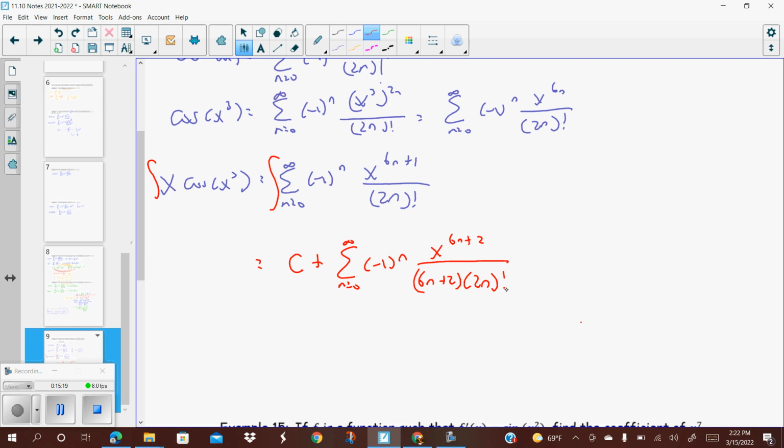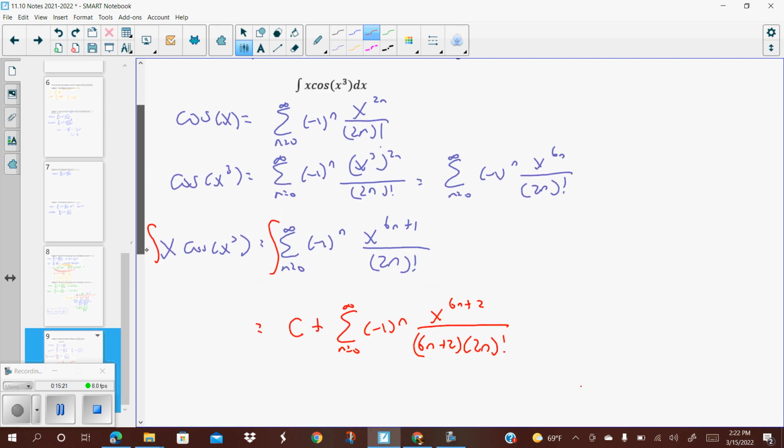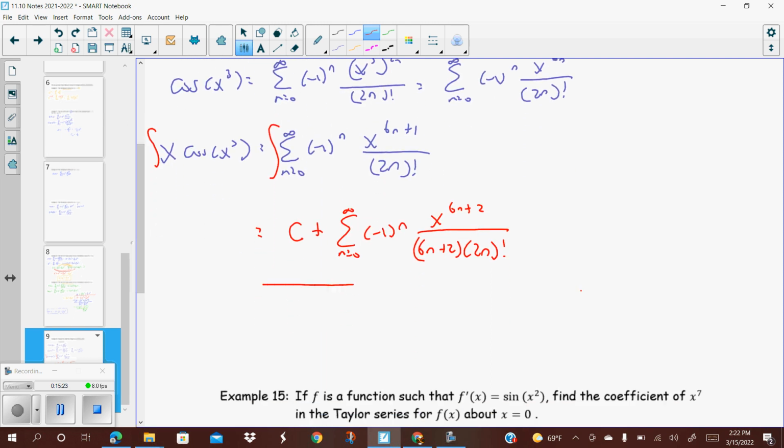That is the integral of x cosine of x cubed. And this can actually be used to approximate values. So we could do definite integrals on this if we know some specific values. We'll do that in our last section.